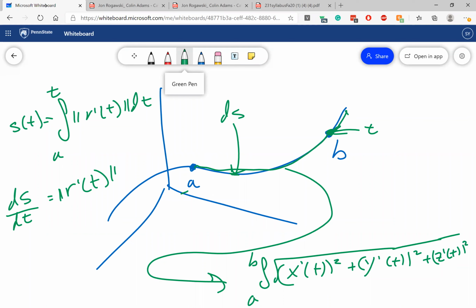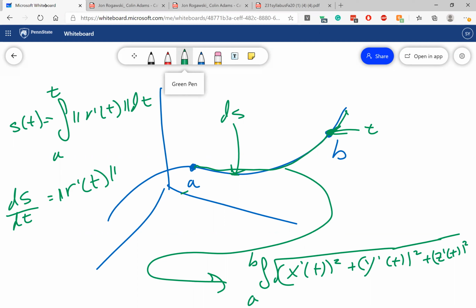So what does this say? This says that the change of S, the change along the length of the curve as you change t, is equal to the magnitude of the derivative, and this is the speed.